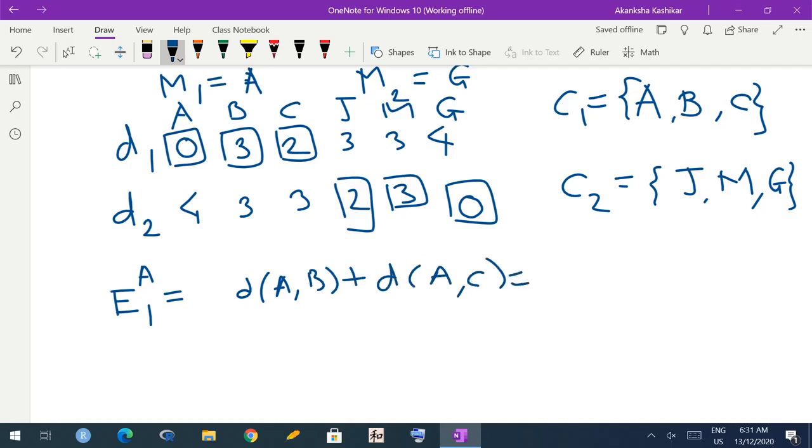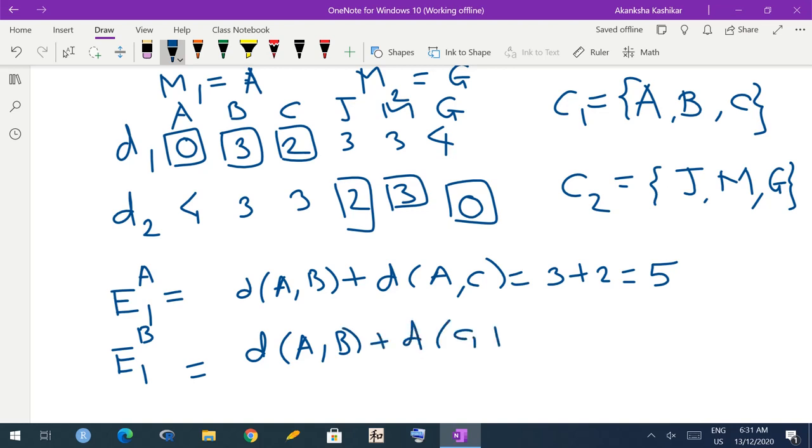This is the formula. So it will be 3 plus 2, that is 5. Error of first cluster with respect to banana would be, of course I don't have to take distance with respect to banana itself, so distance between apple banana and chiku banana.